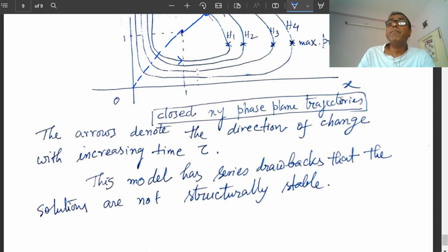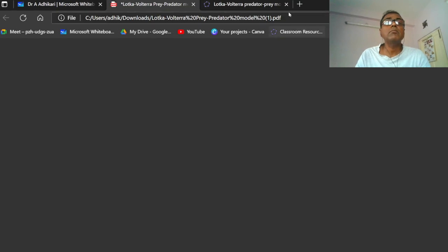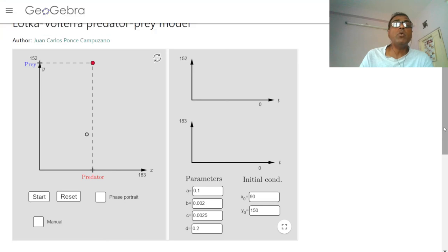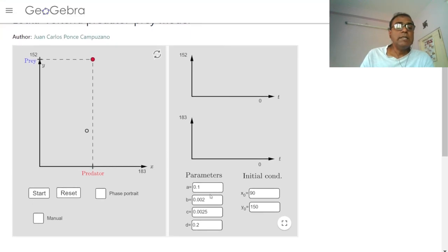And from this, in the GeoGebra model, the x density is greater along the x-axis and the y-axis is prey, and this red point is the initial condition.